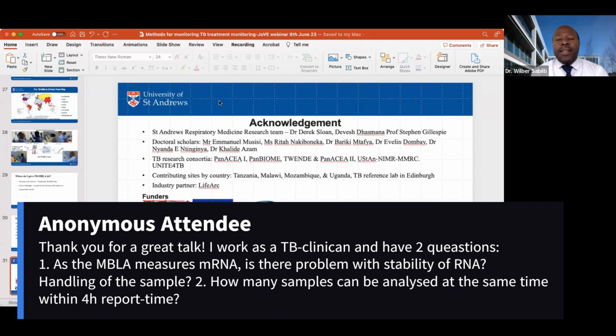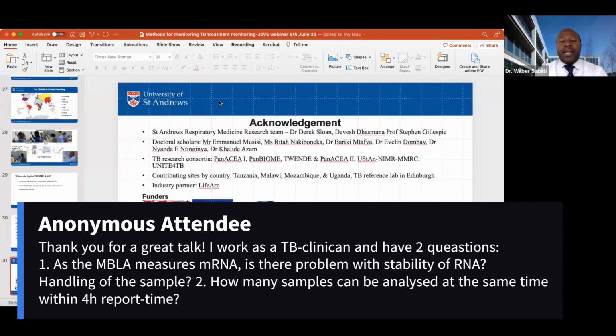Okay, good. The first question is, MBLA measures ribosomal RNA, not messenger RNA. Messenger RNA, yes, is quite unstable, but ribosomal RNA is a bit stable, and it's not as sensitive as messenger RNA, so that we are able to retrieve it and run the PCR without panicking.